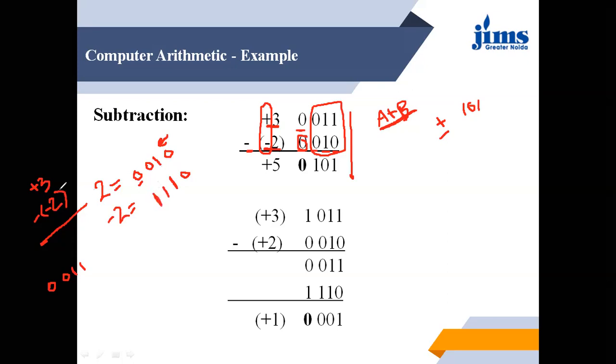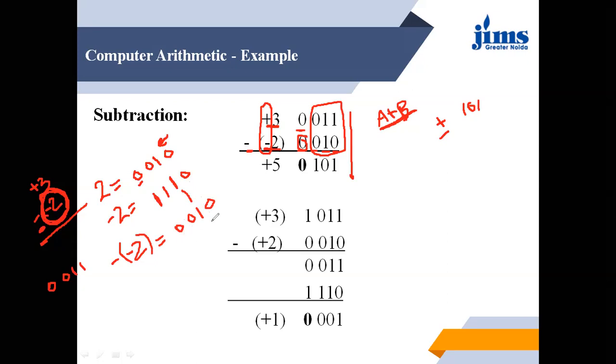We solve this question till here only. We found -2. Again, we have to find the 2's complement of this, which means finding the minus of -2, that is the 2's complement of 2. This is again 0, first one, write it as it is, and again change the values from 0 to 1 and 1 to 0.